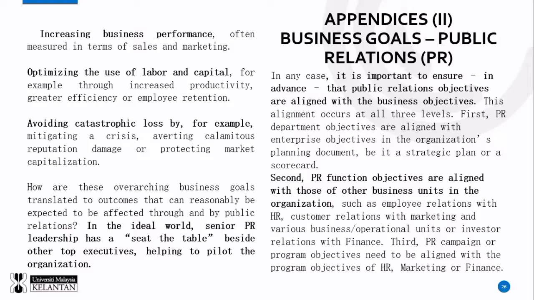So optimizing the use of labor and capital, for example, to increase productivity, greater efficiency and employee retention, avoiding loss, for example crisis, calamities, reputation damage, and protecting the market. How do these overarching business goals translate to outcomes that can reasonably be expected to be affected through public relations? That's why PR is very important in every department.